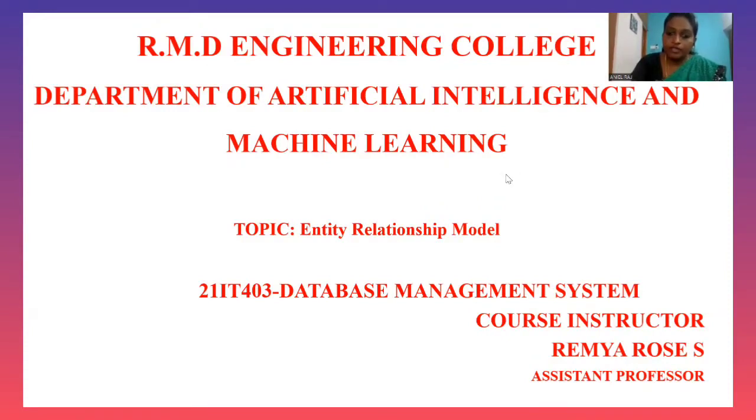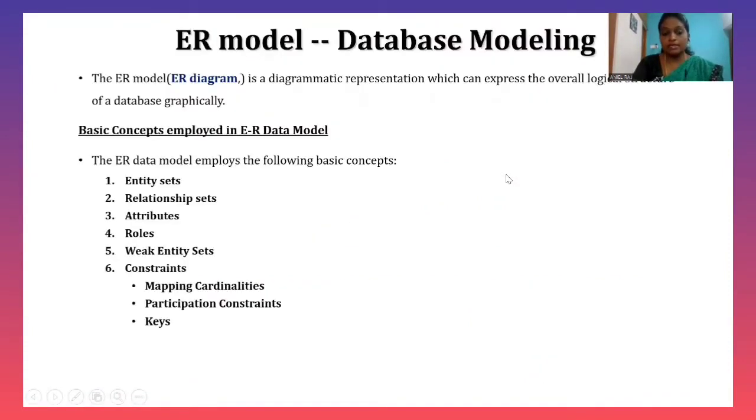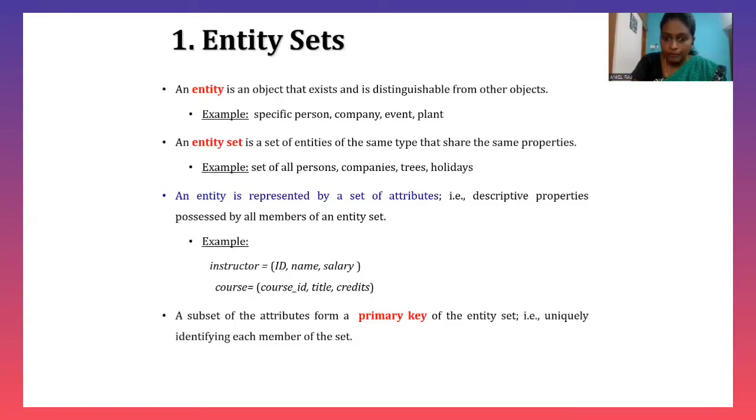Now, to begin with the database ER diagram, you have to know the meaning of what an entity is and what a relationship is. ER stands for entity relationship model. An entity is nothing but any real world thing. It could be a person, a company, an event, an action or anything.